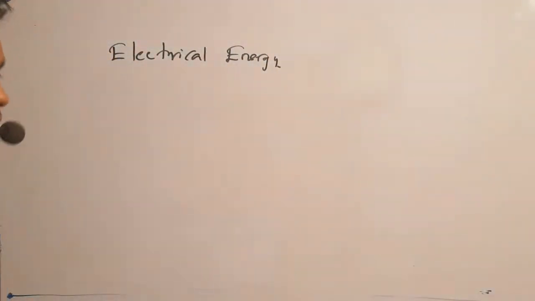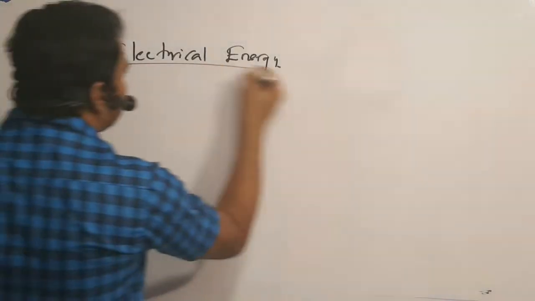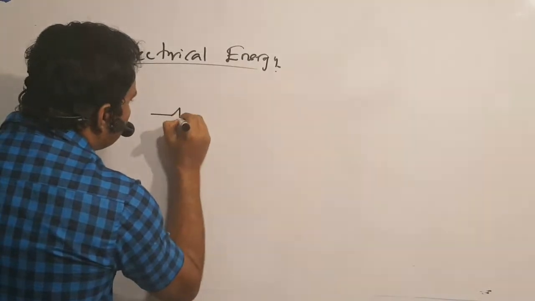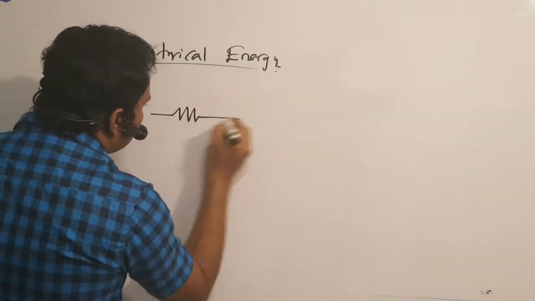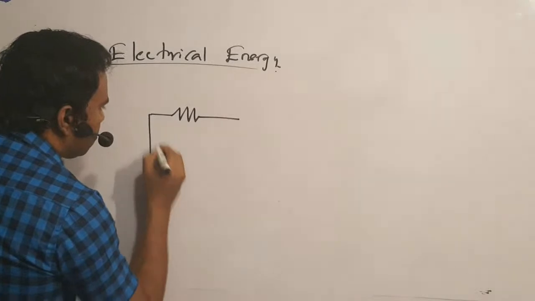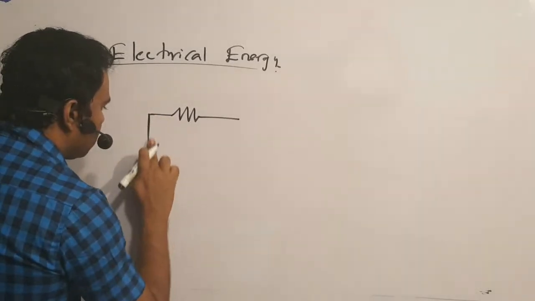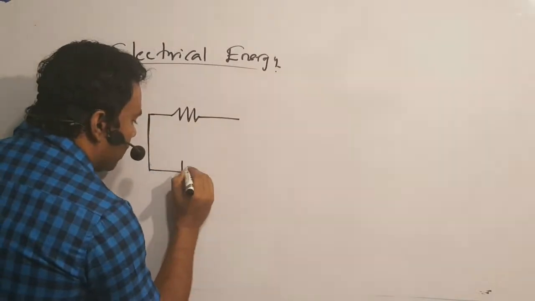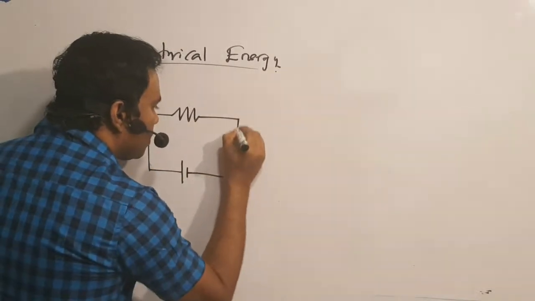The electrical energy associated equations. Look at this. This is a resistor. Okay. So this is the electrical supply, electric potential difference.